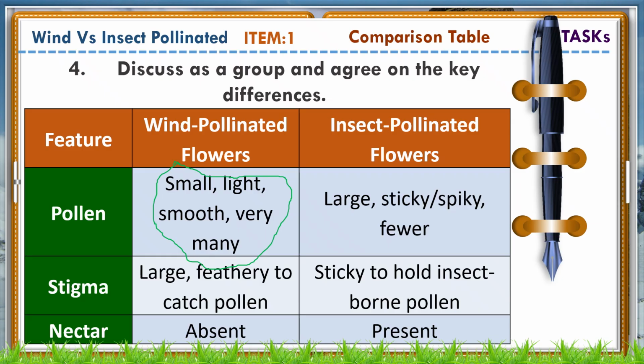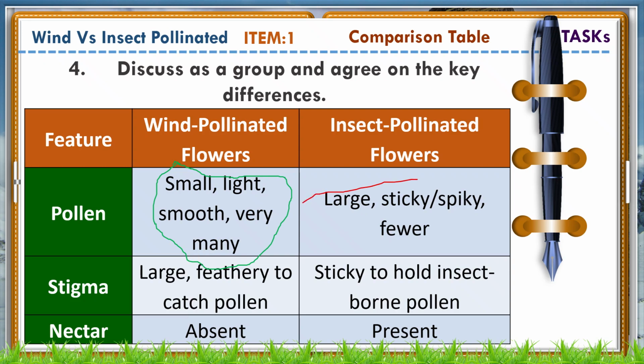Small so that they can easily be carried by wind, and then light so that they can easily flow in wind, smooth so that they can attach themselves on the stigma, and they are very many so that when they are blown by wind, at least some of them land onto the stigma.